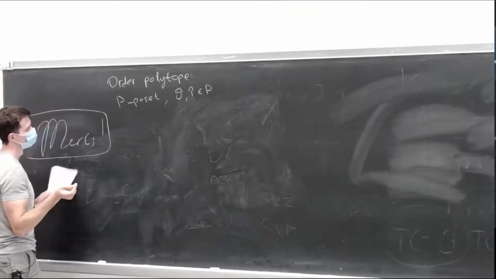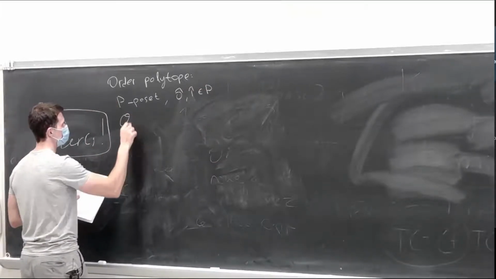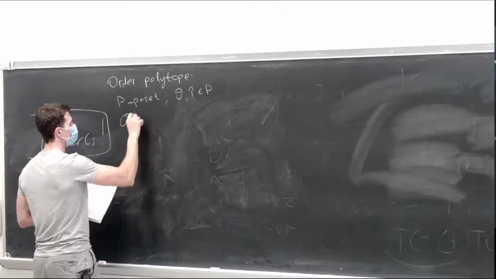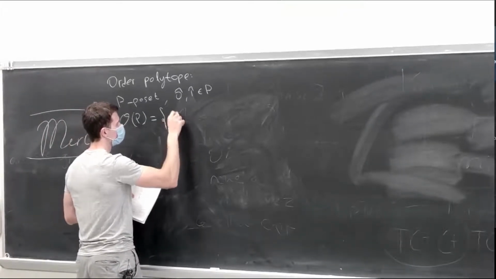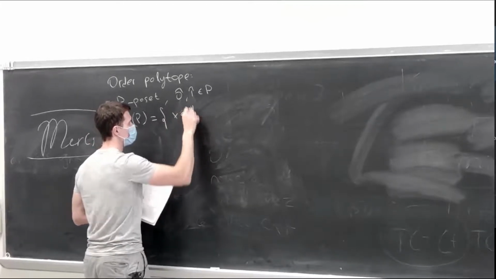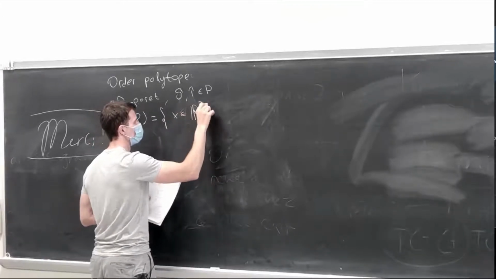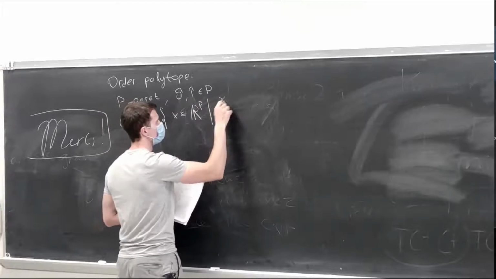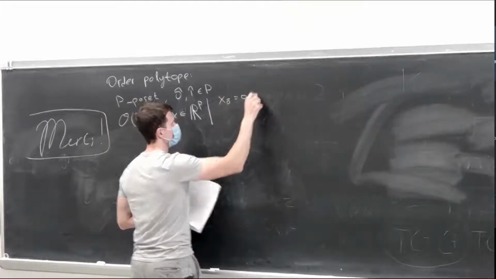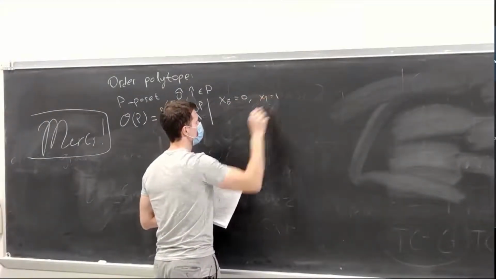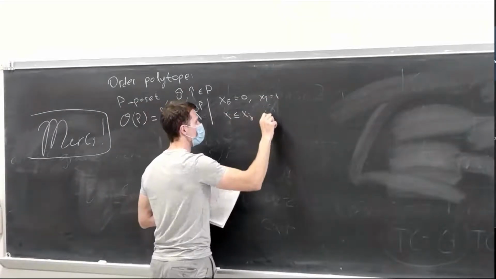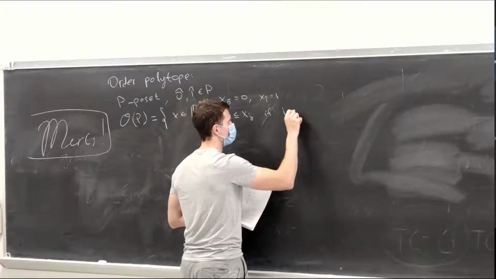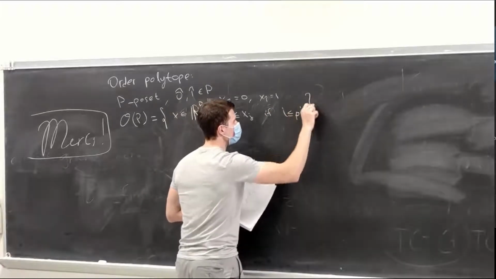Then you define the order polytope of P as the set of all order preserving maps from P to the line segment, where x_0hat is equal to 0, x_1hat is equal to 1, and then x_i is less than or equal to x_j whenever i is less than j in our poset.